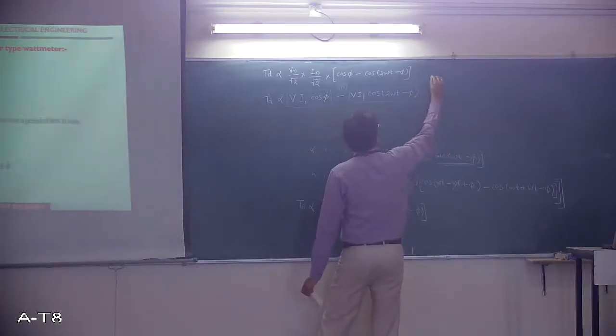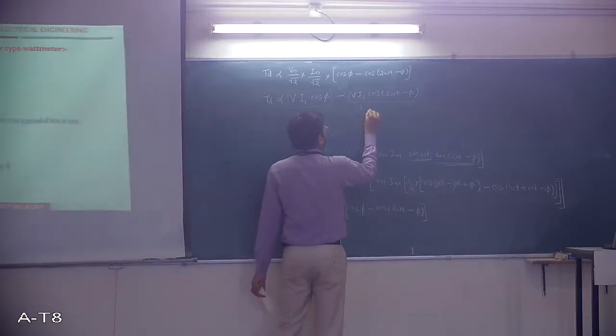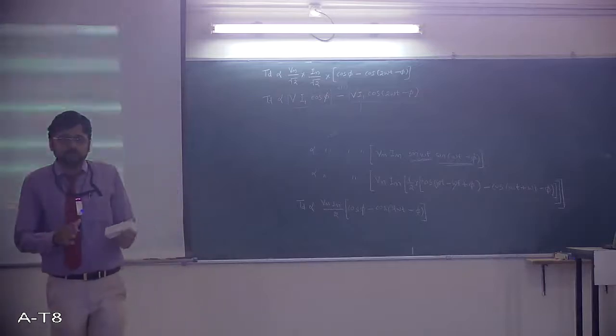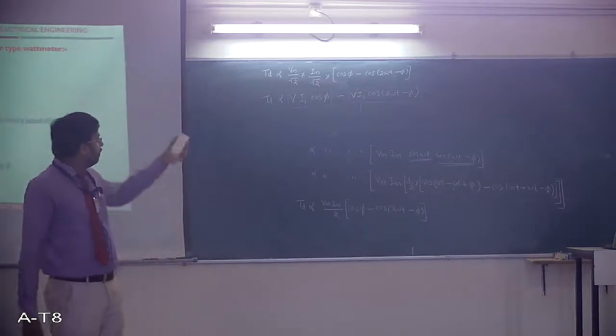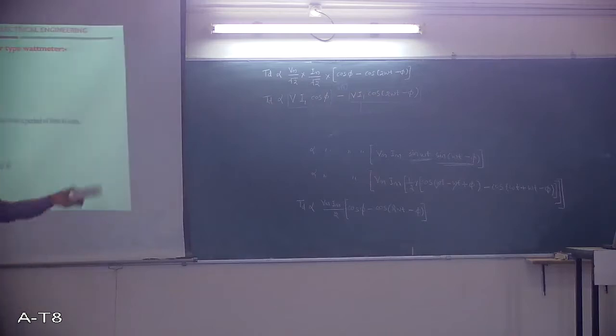Out of this, if you observe, the second term is a periodic waveform, cos of 2 omega t minus phi. Over a period of time, when you have a periodic waveform, the average value works out to be 0.